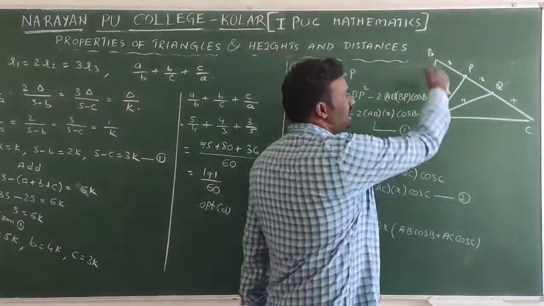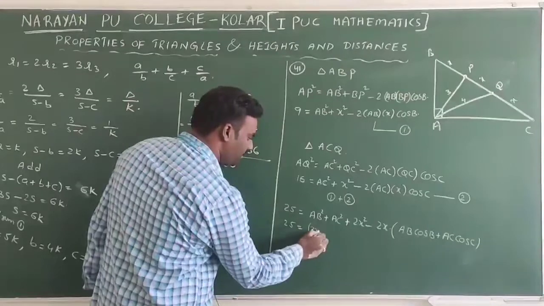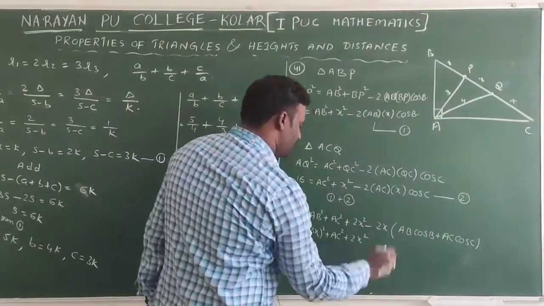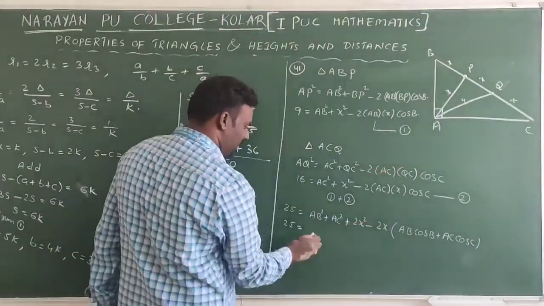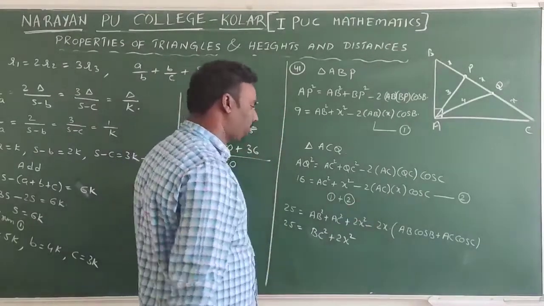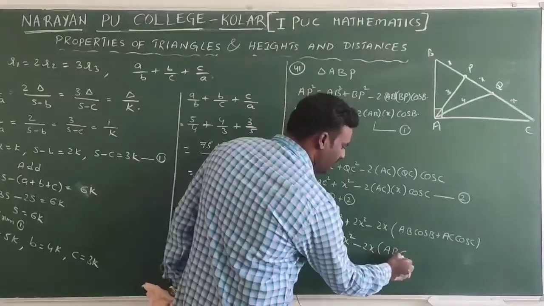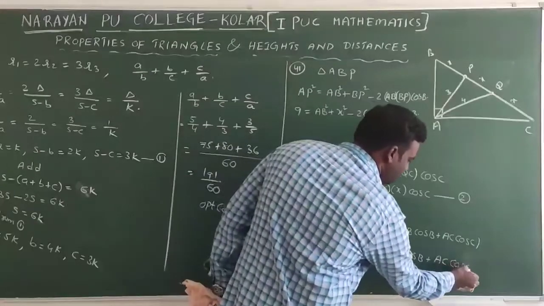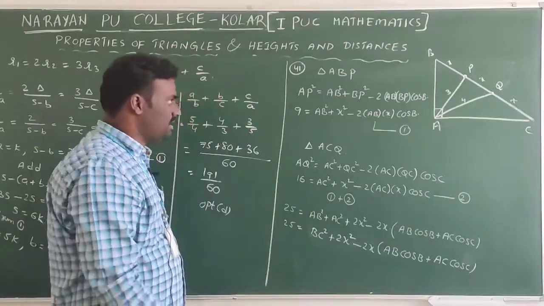This hypotenuse length is 3x. In place of AB square plus AC square, I can write BC square plus 2x square minus 2x (AB cos B plus AC cos C). Now BC square is 3x square, that is 9x square.